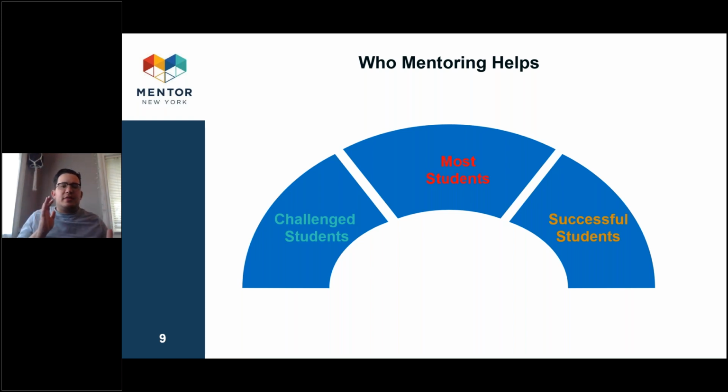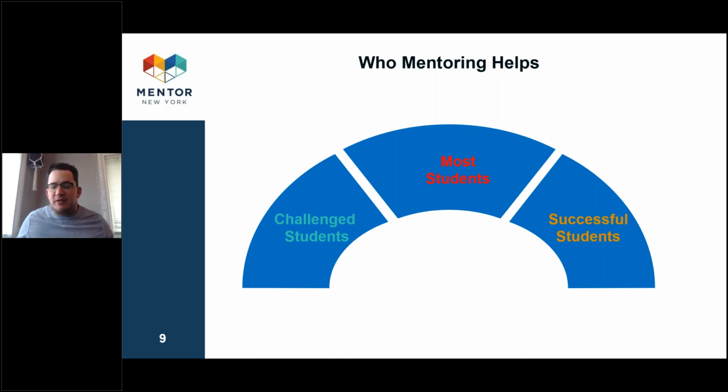And so again, thinking about that middle range of young people who are not dealing with such severe challenges that what they really need is professional social work or counseling support, but are not so far on the other end that, with or without you, they already have a lot of that social capital in place, that they might not really be the ones who could most benefit from mentoring.